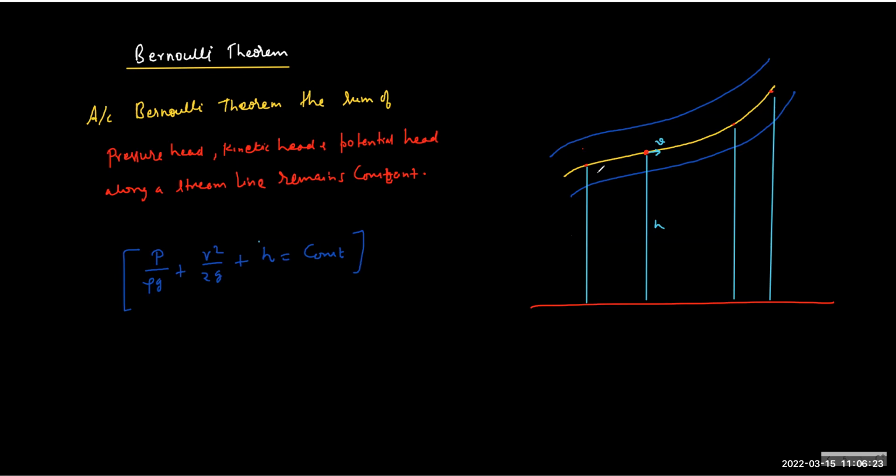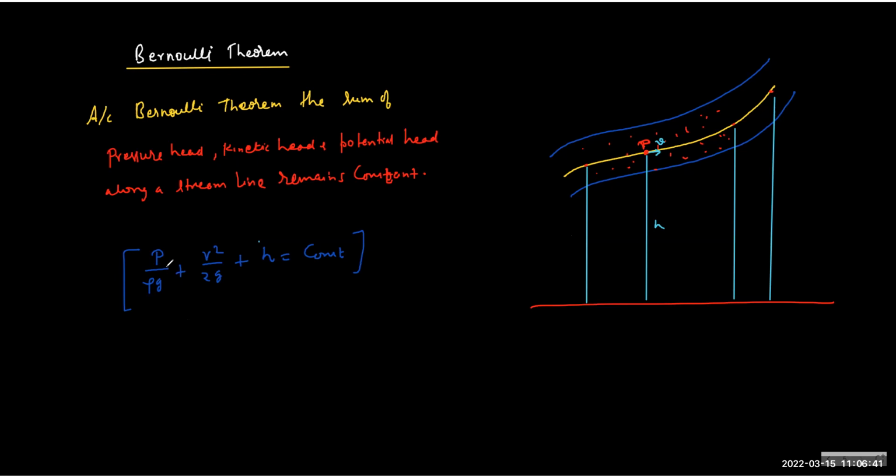And because it is a liquid, at this point there must be some pressure. The pressure at this location upon rho G is called the pressure head.